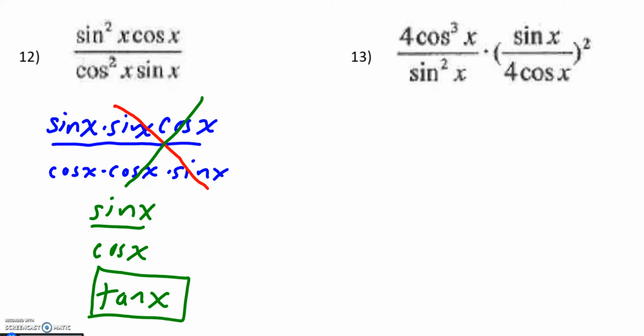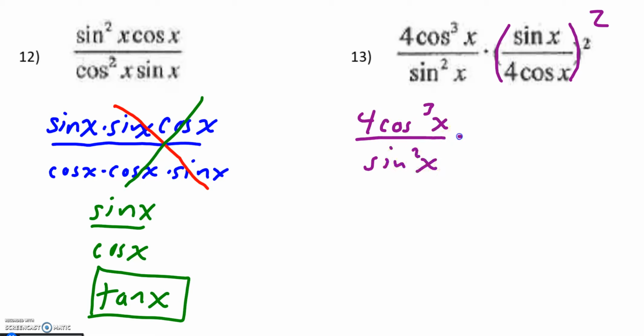Number 13 looks similar-ish to 12, in that there's no plus or minus signs, and we have multiple cosines, multiple sines. And what this means over here is that this entire thing is being squared. So let's simplify that first. I'm going to recopy 4 cosine cubed of x over sine squared of x times sine x squared, which is really sine squared of x over, remember, everything down here is getting squared.